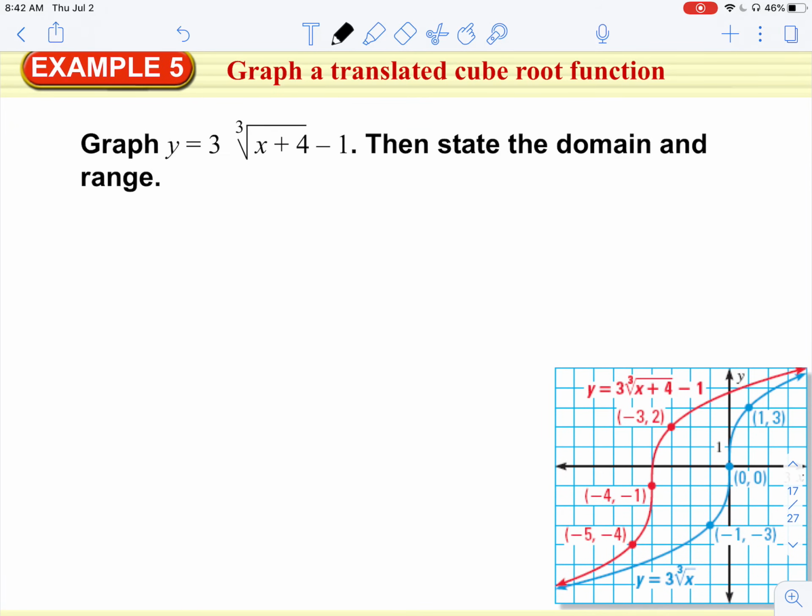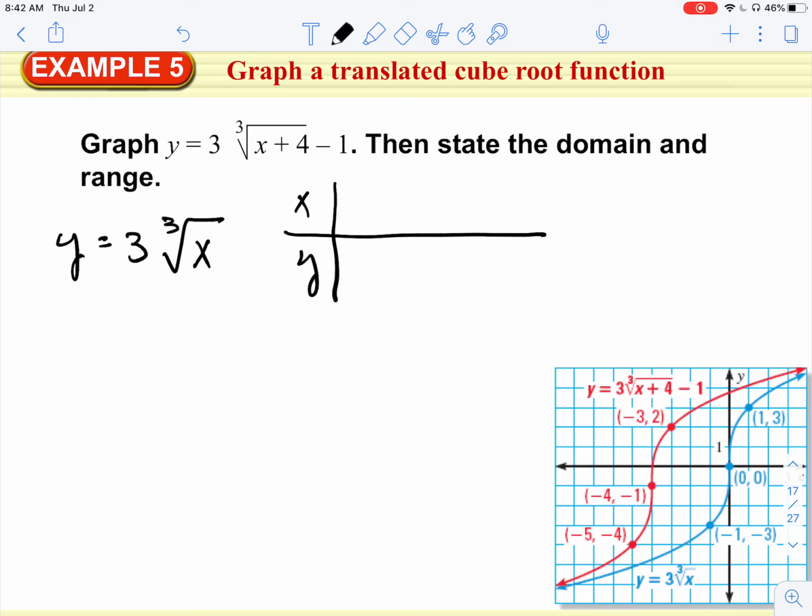First we're going to graph y equals 3 times the cube root of x. If I just set up a very basic table, I'm going to plug in 0 and get 0. And then I'm going to plug in 1, and I get the cube root of 1 is 1, times 3 is 3.